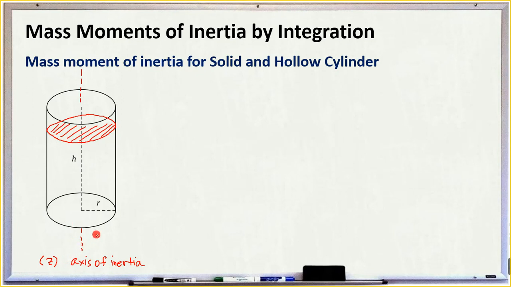So therefore, we can use the general formula for mass moment of inertia for right prism.